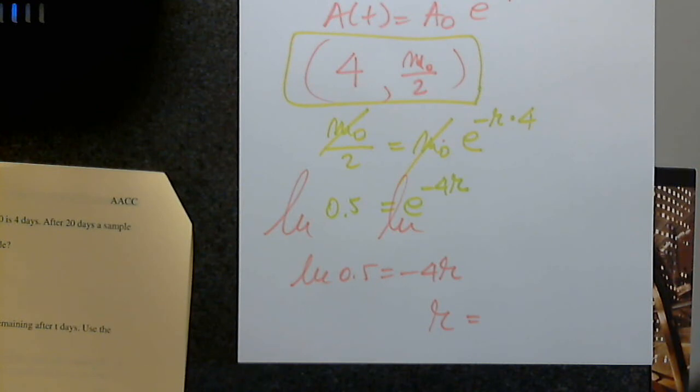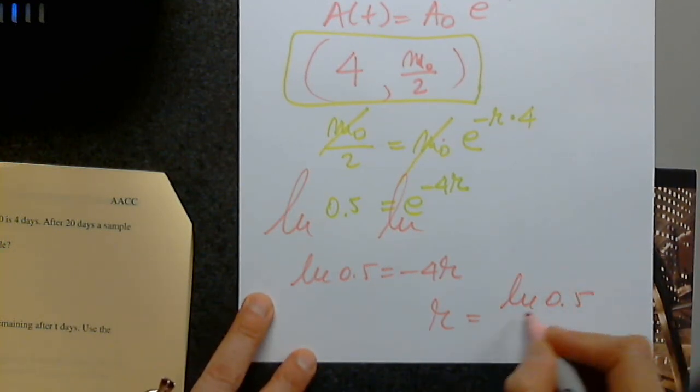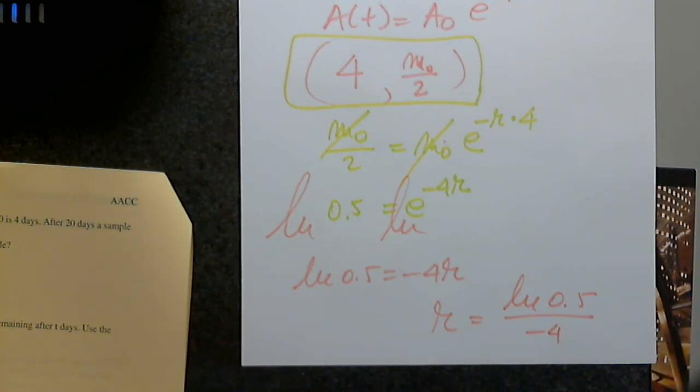What is it? Very good, natural log 0.5 over negative 4. I need to use the calculator on this. So natural log 0.5 divided by -4.